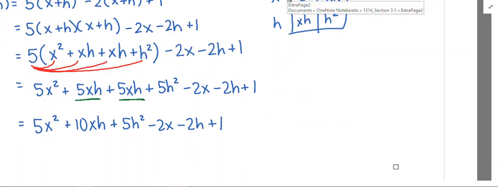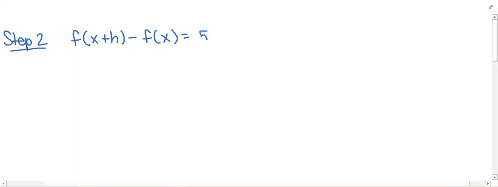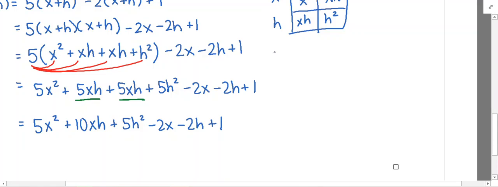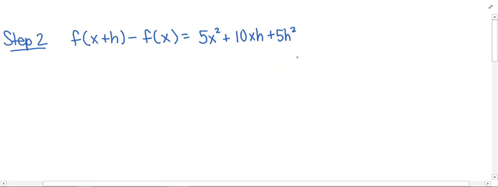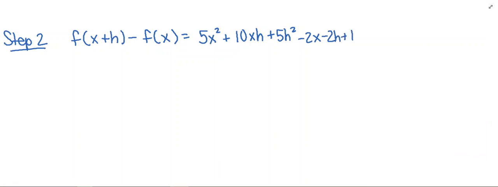So let's write it down. f of x plus h is going to be 5x squared plus 10 times x times h plus 5h squared minus 2x minus 2h plus 1. So this whole thing is f of x plus h simplified.